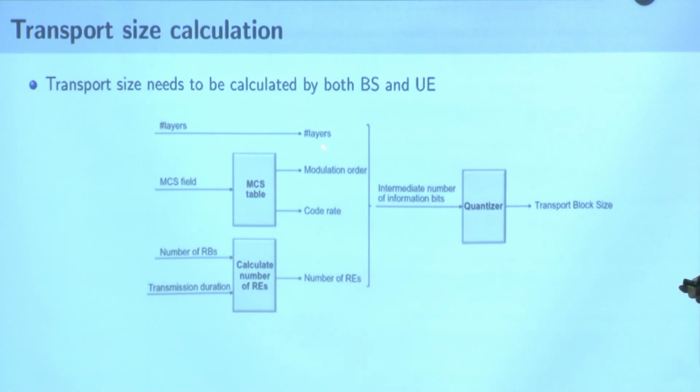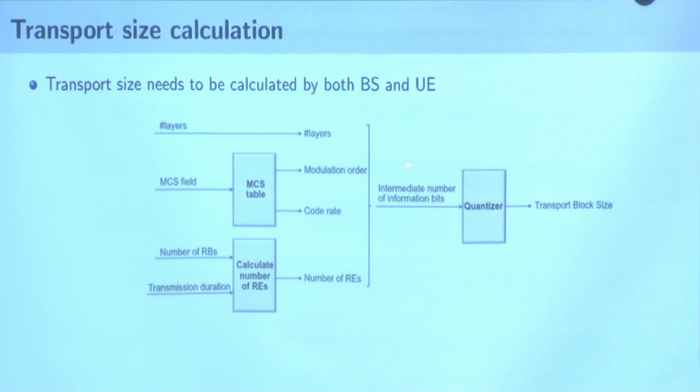But if the number of layers is 2, using multi-antenna transmission, you can transmit 2 symbols in parallel on the same resource element. So in principle you can transmit twice the amount of data when compared with one layer. So these are the factors which play a role in deciding the transport block size.